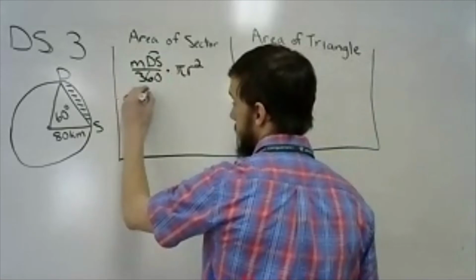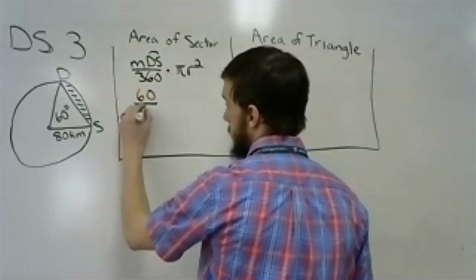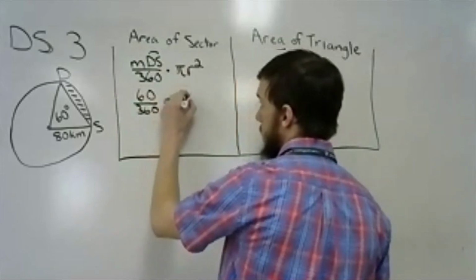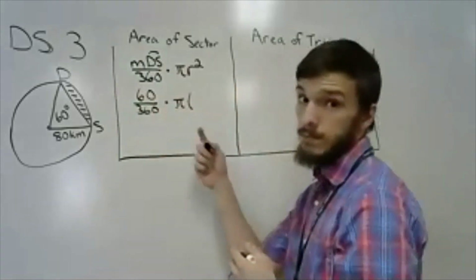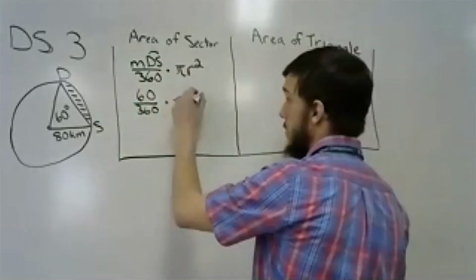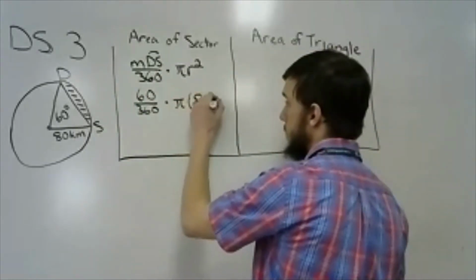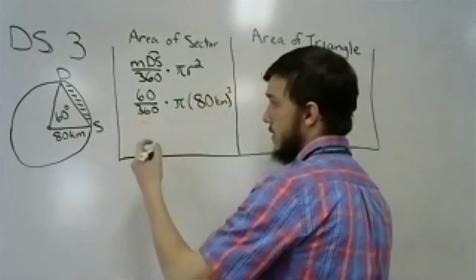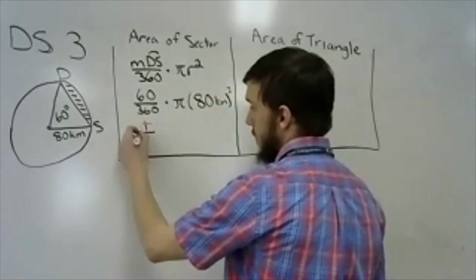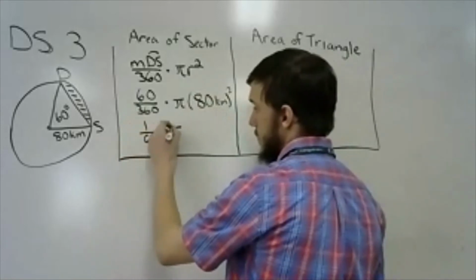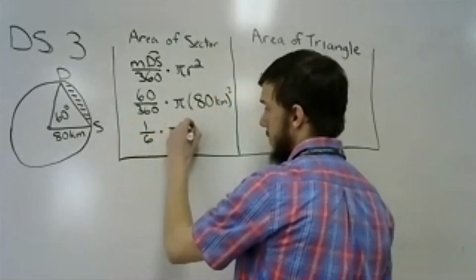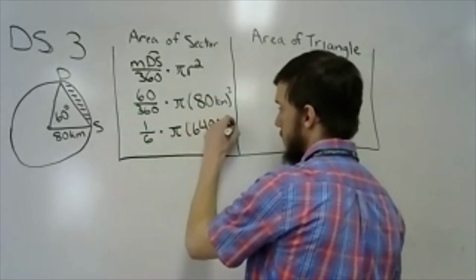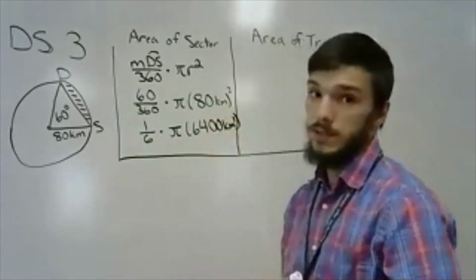Okay, we get 60 over 360 times pi times 80 squared. And thus we're left with 1/6 times pi times 6,400 square kilometers.